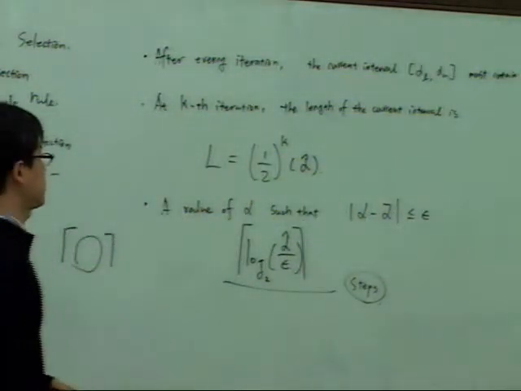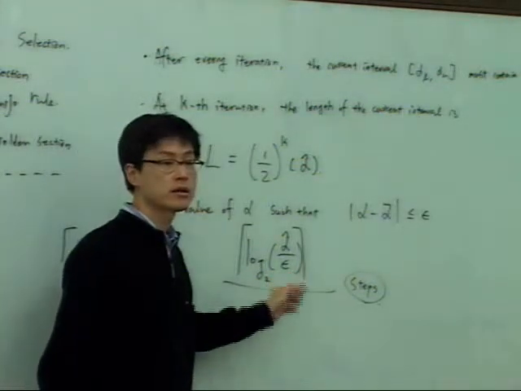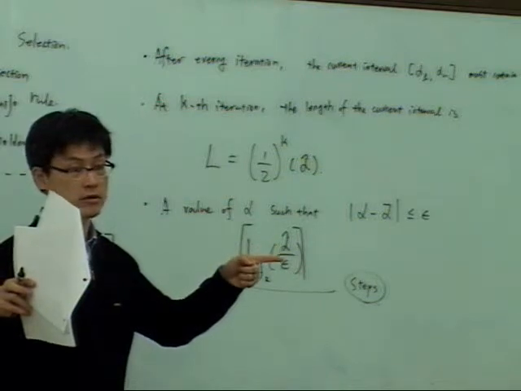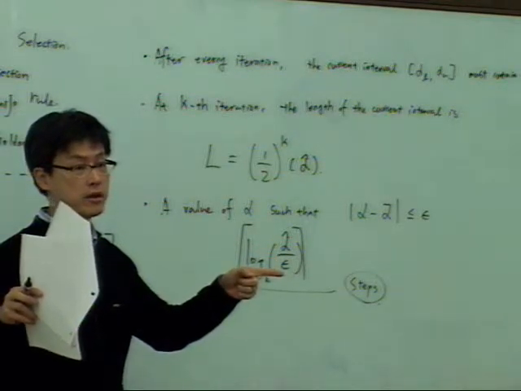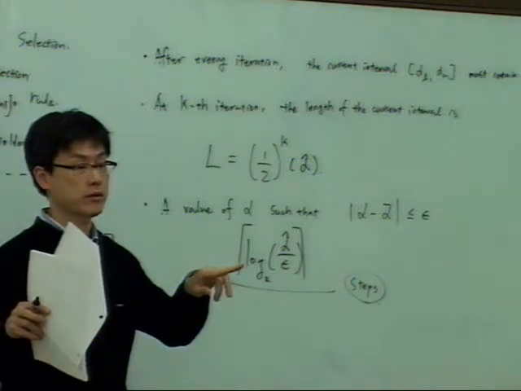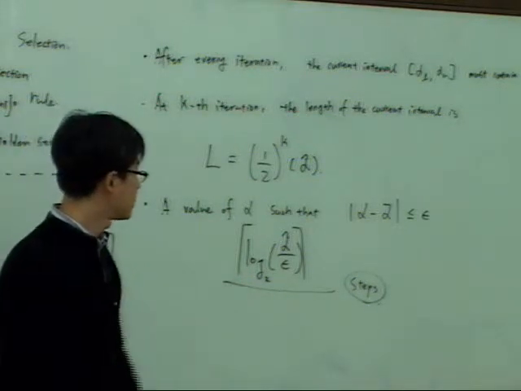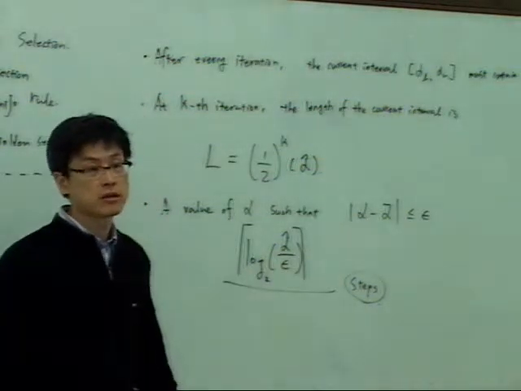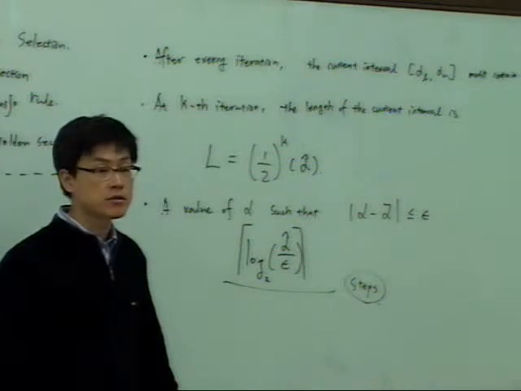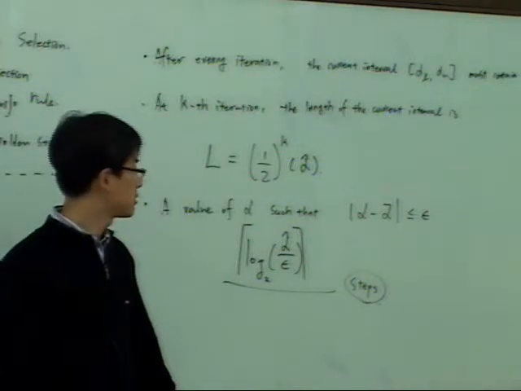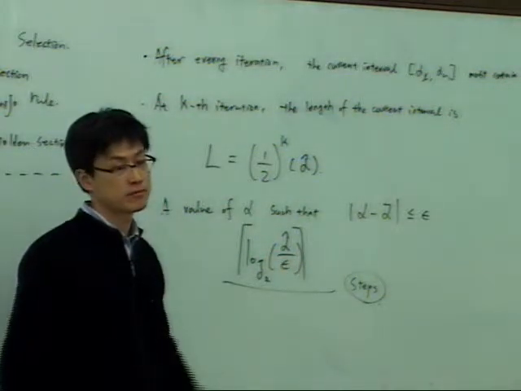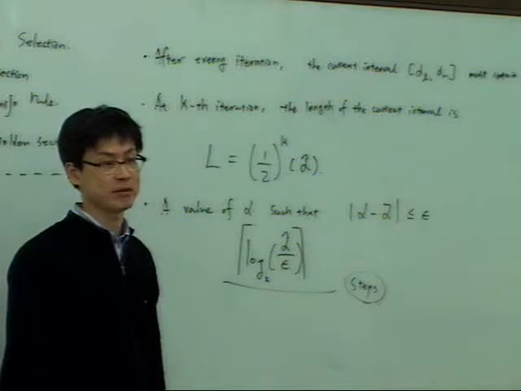It is heavily dependent upon the length of the initial range and, at the same time, your tolerance epsilon. If your initial range is the same as your tolerance epsilon, then it's log 1, which is 0. You just have the solution, right?